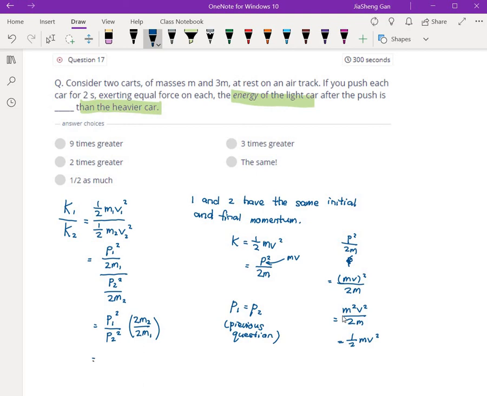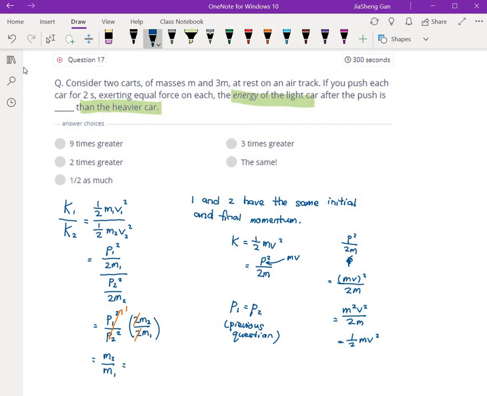Therefore, we know that this and this will cancel out to be 1. This and this can cancel, so we are left with m2 over m1.